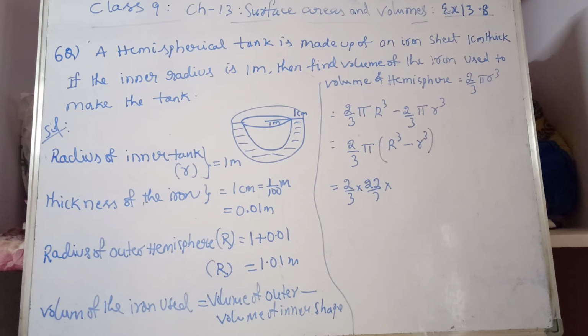If you check the question, you will come to know which value is to be used. That is question number 6. He did not mention anything, so we can use 22 by 7 only.